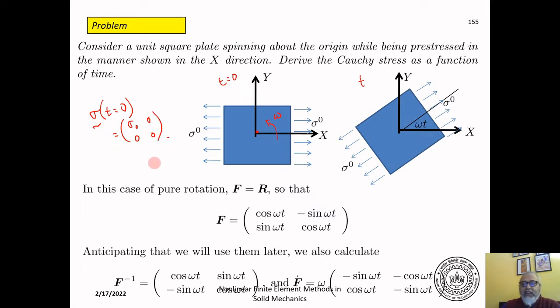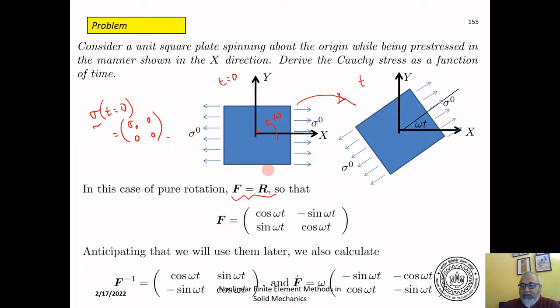To find the stresses at any time t, we have to get the rotation tensor between these two configurations at time t, and the rotation tensor is actually the deformation gradient because this is a rigid body rotation.